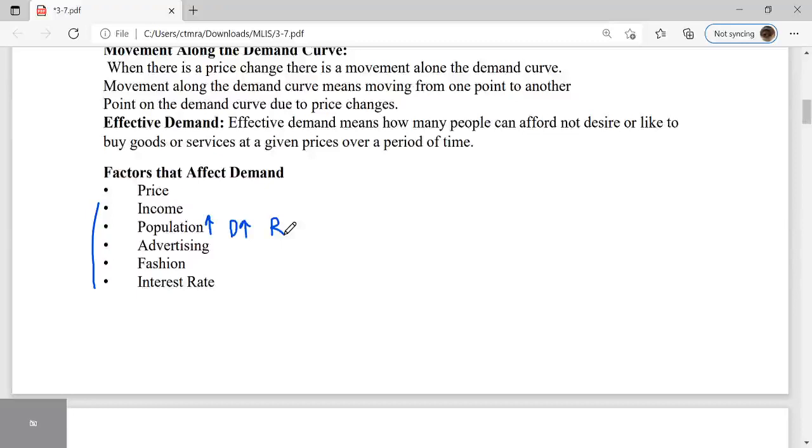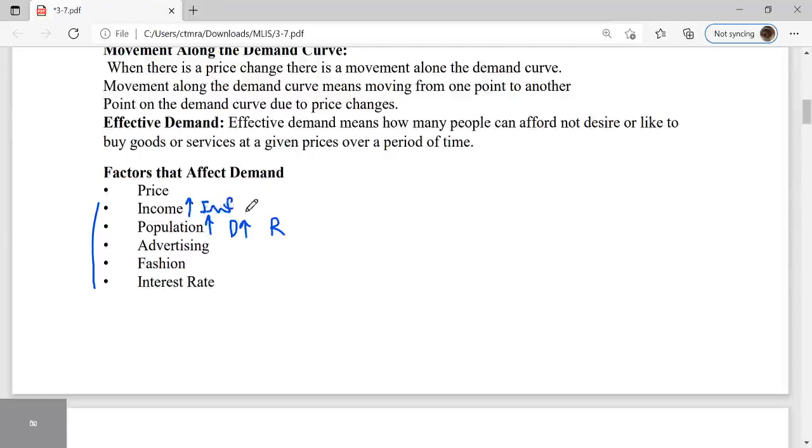So what will happen if income rises? What will happen to the demand for this rice? Income is rising, and the good we are talking about is an inferior good.